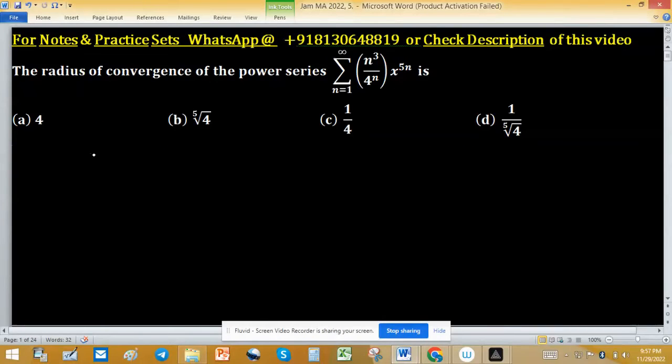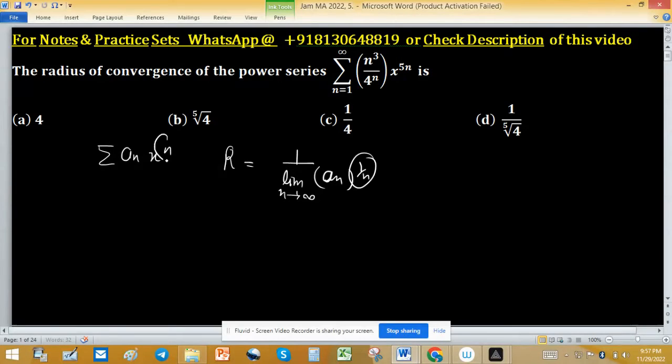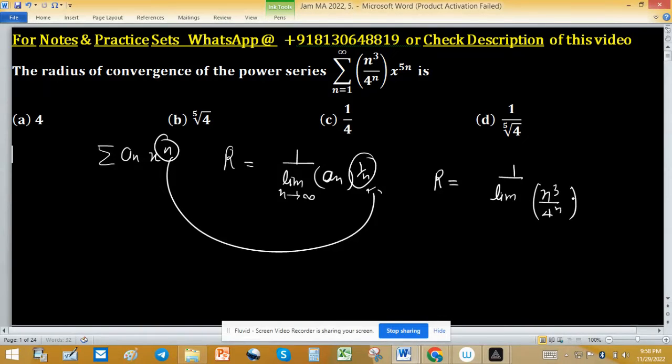For the radius of convergence of a power series, if the series is given as a_n x raised to the power n, then the radius of convergence r can be found using the expression limit n tends to infinity of a_n raised to the power 1 upon n, and then taking the multiplicative inverse. So the radius of convergence of this power series will be 1 upon the limit n tends to infinity of (n^3 4^n) raised to the power 1 upon 5n.